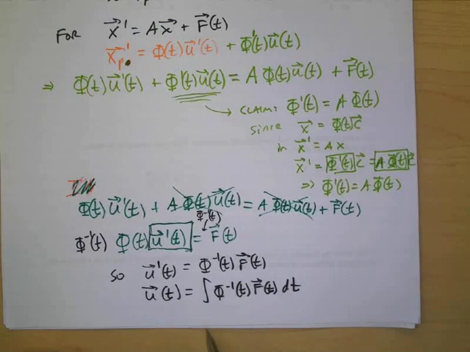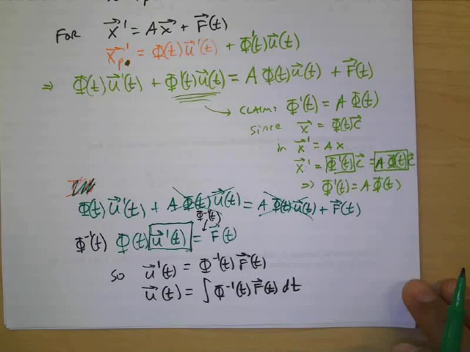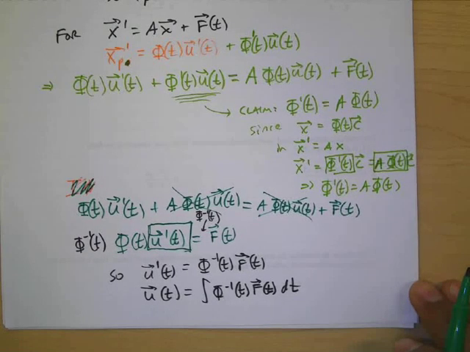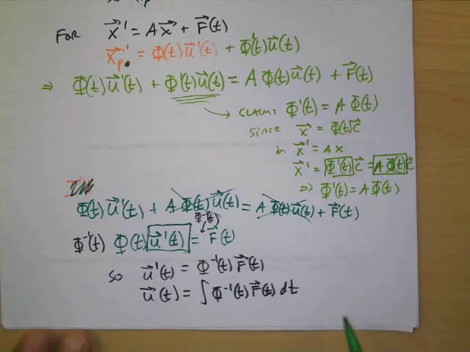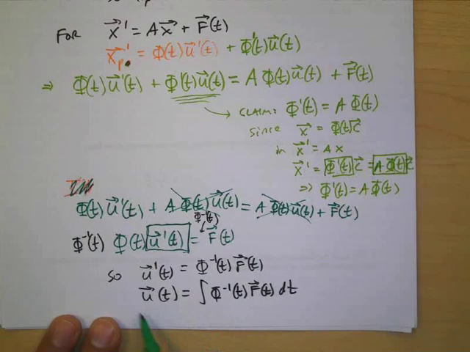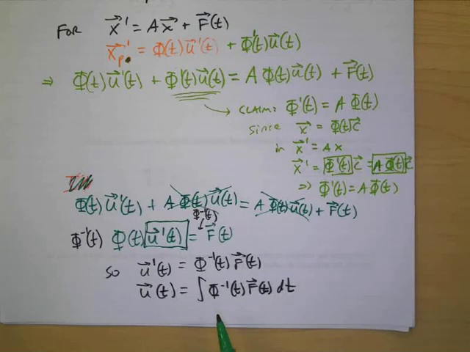Okay? So instead of what we did yesterday, which was, well, we have sines and cosines, so maybe our particular solution is a cosine matrix and a sine matrix with some constants, or if we have a linear function, then we have t and a constant matrix, this is a much more refined way of finding the particular solution because it's not limited to just sines and cosines and polynomials and exponentials.